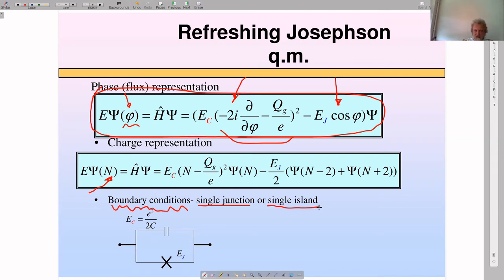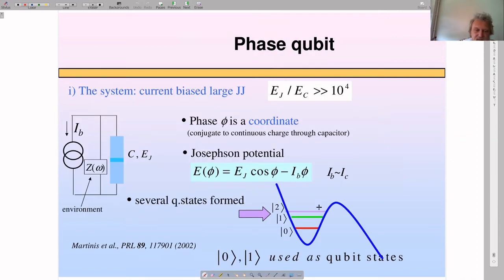So people have tried many different combinations, many different realizations. So let me start with what used to be called the phase qubit.